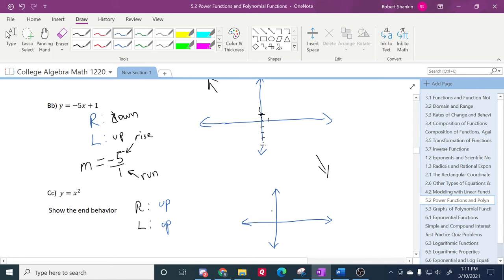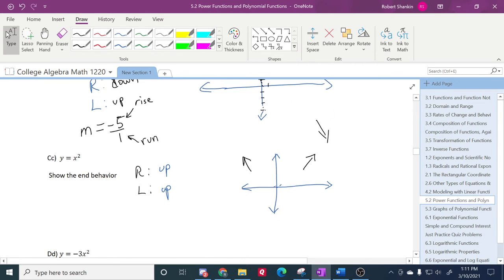So we know the real curve is this parabola. But all we really have to draw is this and this. And we erase this when we're just focusing on the end behavior. We just want to know on the far right, is it going up or down? It's going up. And on the far left, what's it doing? It's also going up. Showing the end behavior.